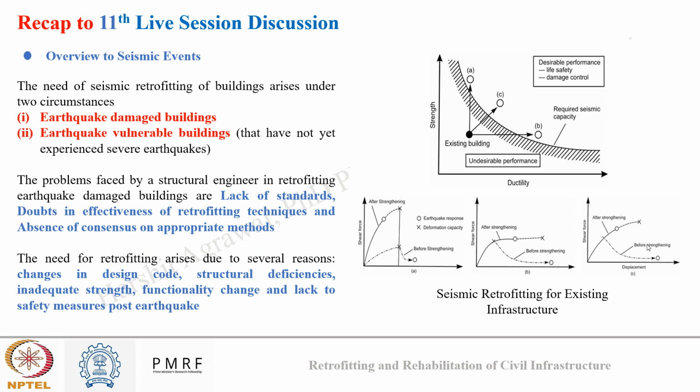By increasing the ductility, I can increase the capacity of my building to undergo deformation before failure. And by increasing both strength and ductility, we can control both strength and stiffness and the seismic capacity of a building. And for all these three cases, we saw the response of shear force versus deflection.